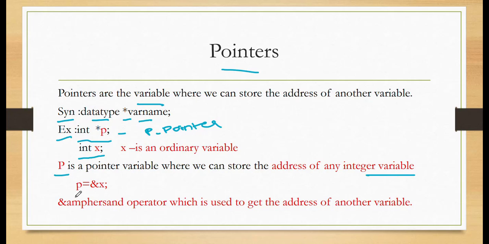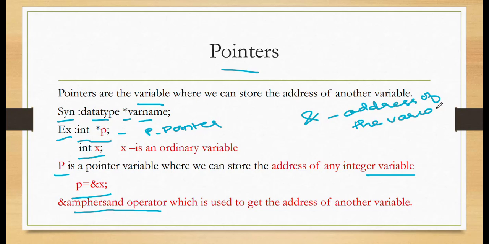For example, p = &x. So this ampersand operator is used to get the address of the variable. And if I want to get the value at the address, using star you can also get the value at the address.